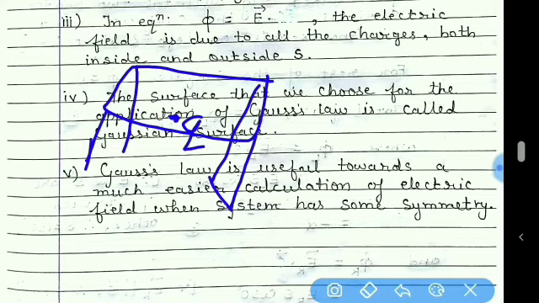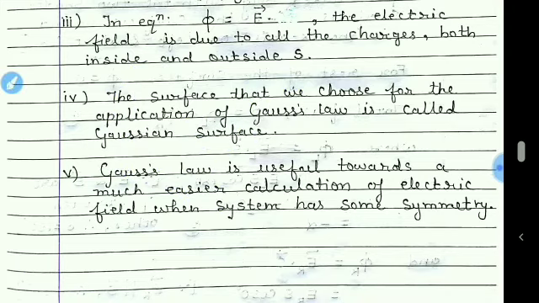So this type of closed surface can be considered as a Gaussian surface. It can be of any shape, not that it should be spherical. It can be of any shape, and such a type of surface selected is called a Gaussian surface.